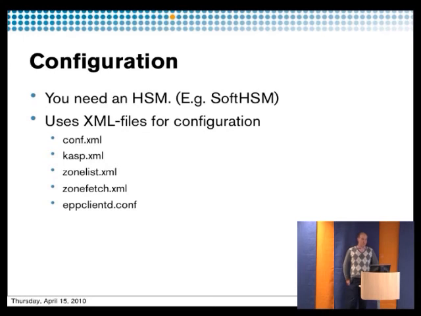But from OpenDNSSEC's perspective, it wants to use an HSM that is initialized and ready to use, with all the permissions that you want. So you can just give it to OpenDNSSEC in the conf.xml. You have to do all that work to get the HSM up and running and initialized.